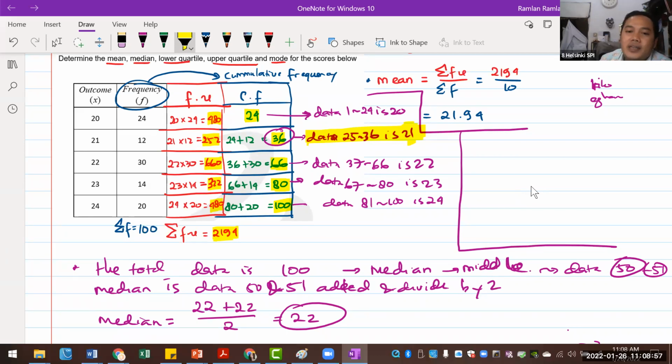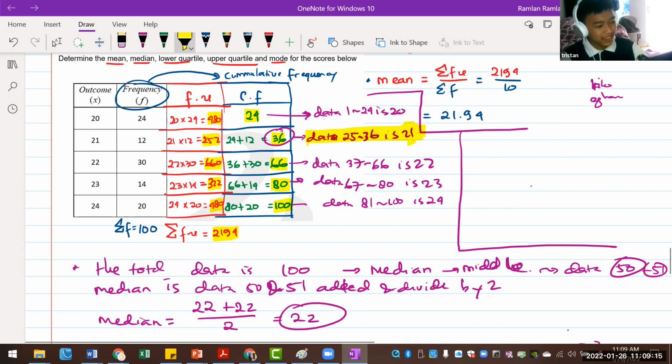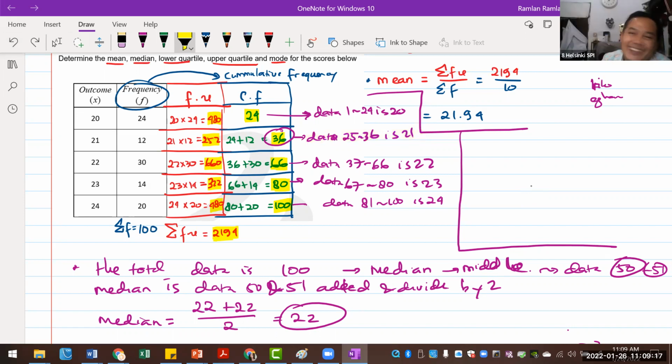Nah, sekarang saya mau tanya, data ke 75 dan 76 itu berapa? Ya. Berarti kalau tengah, 25 sampai 36 is 21 kan? So that means apa itu namanya tadi? Wait, gimana sih tadi? Ulangin, aku jadi confused. Oke, saya ulang lagi ya.